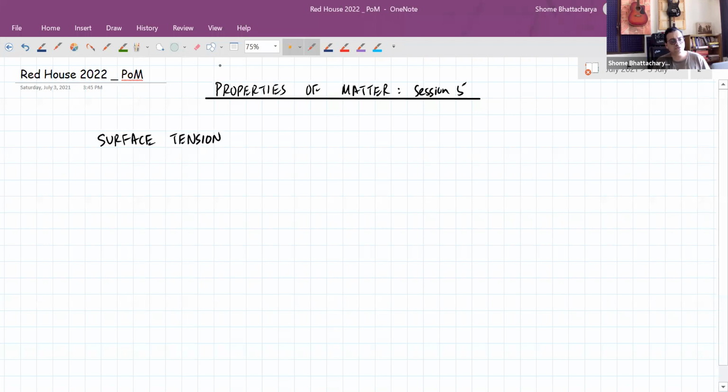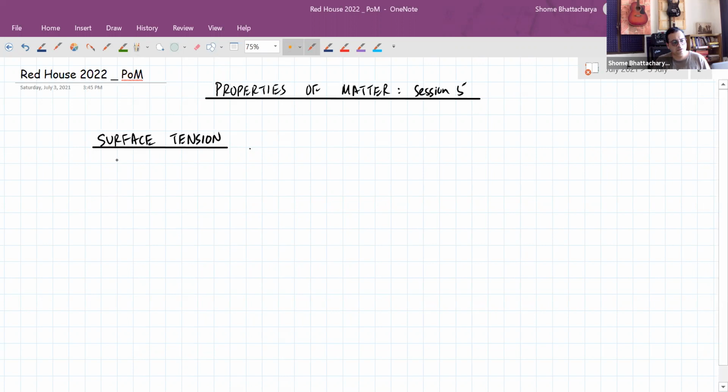So we had understood through some everyday examples the evidence of the fact that the surface of a liquid indeed is elastic in nature, and it has this ability to apply restorative kind of forces and store potential energy as pressure is applied on it. Okay.